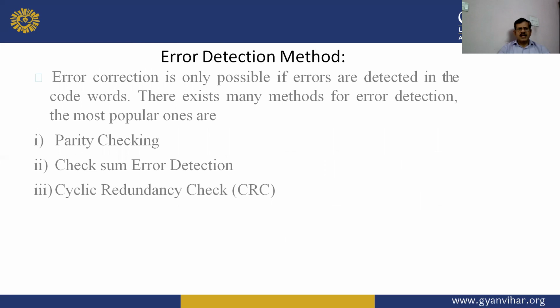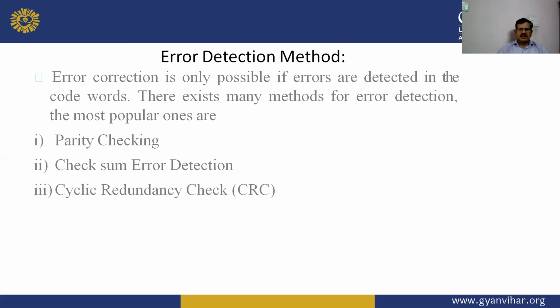So what are the error detection methods? Error correction is only possible if errors are detected in the code word. There exist many methods for error detection. The most popular methods are three types.